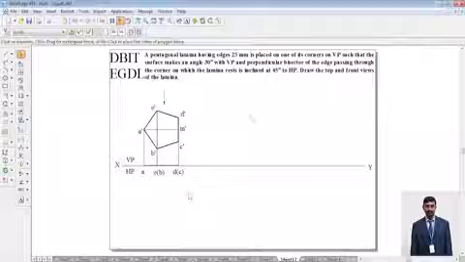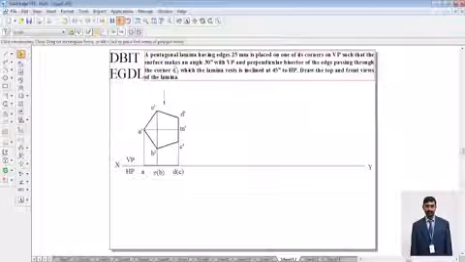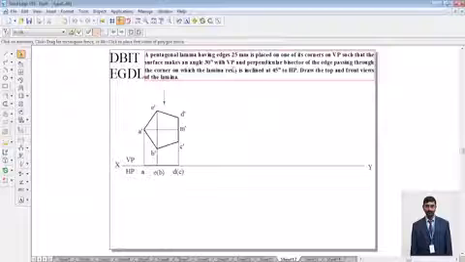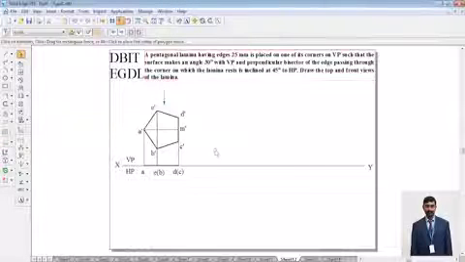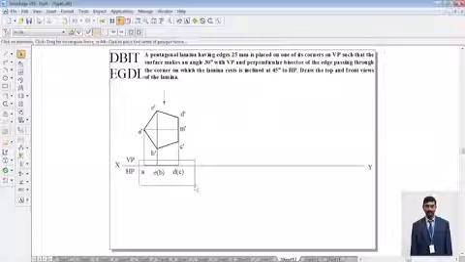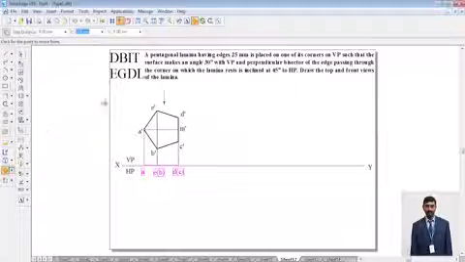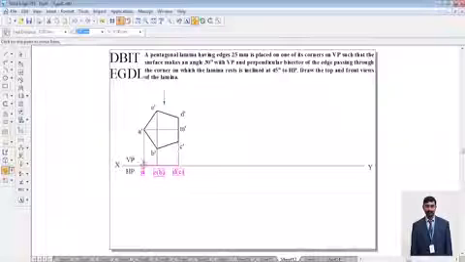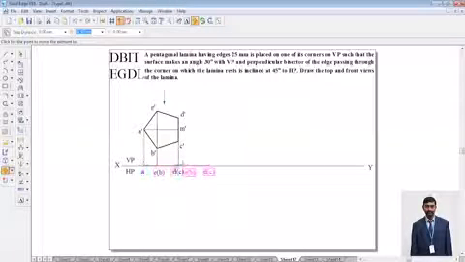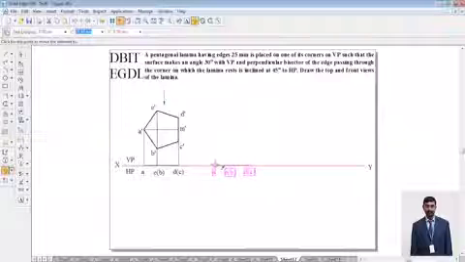So next, what you have is that the surface makes an angle of 30 degrees with VP. I am going to select this top view using the move command, enable copy, and from any reference corner move it onto the XY line.